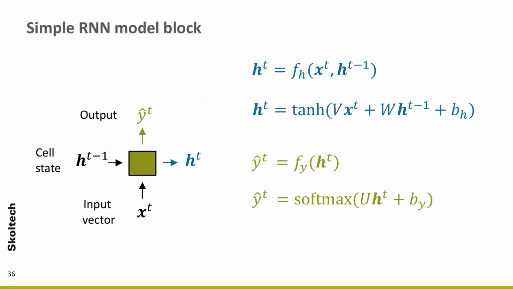If we assume that all input is numerical here, so the input is a vector, the output is another vector or maybe a class label, and the new hidden state is a vector, then we can start with a general definition. We have a separate function for the production of the new hidden state, this is f_h, and a separate function f_y for the production of the output.